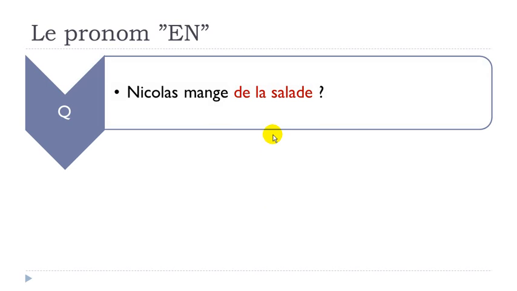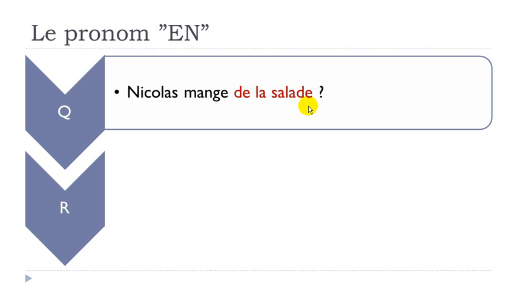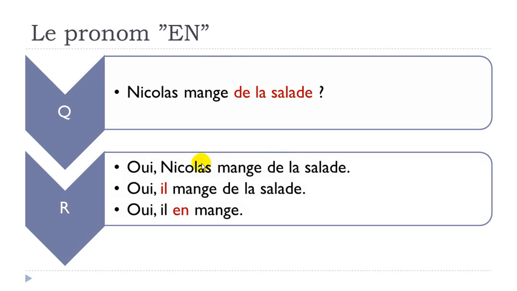another example. In the first example we had the masculine form, and now I wrote the same sentence, but here we've got de la salade. Okay, salade is a feminine word, so in that case it's not du, but de la. Okay, but still it's the partitive form, some. Okay, Nicolas mange de la salade. Okay, so as we saw, first option would be oui, Nicolas mange de la salade, so you repeat the whole sentence.